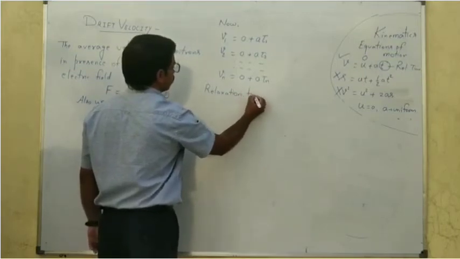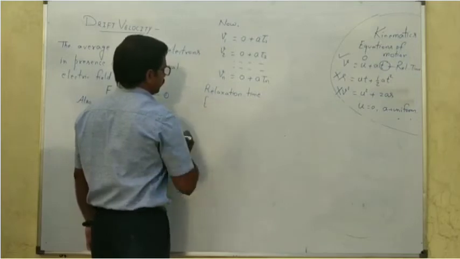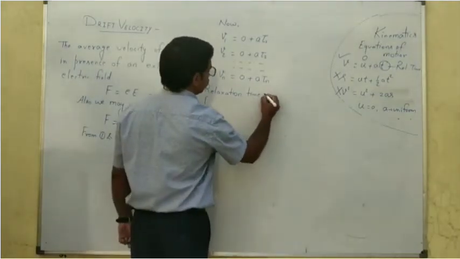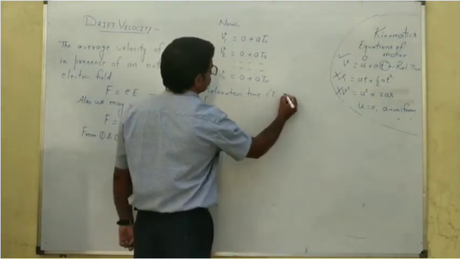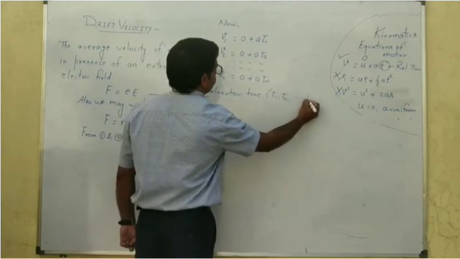Relaxation time. Students, these relaxation times are here tau 1, tau 2 and tau n.